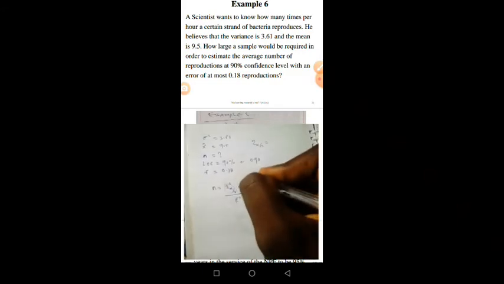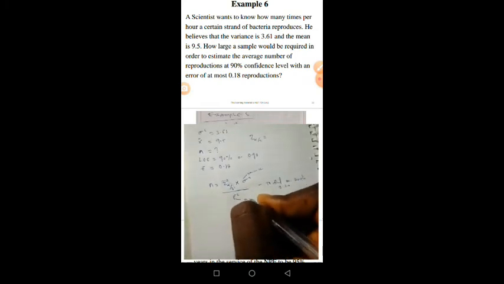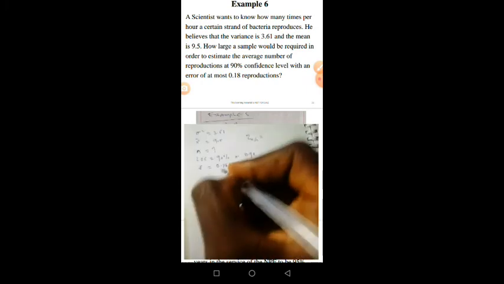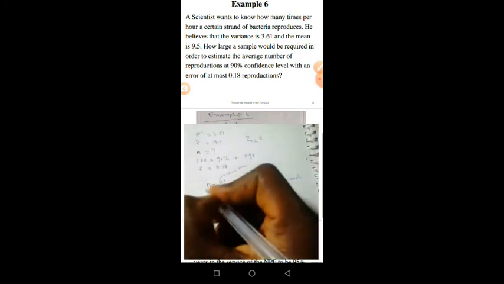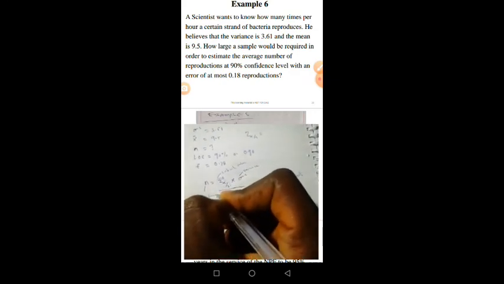Let me name them: variance, margin of error, critical value, then number of sample size, so you guys can understand.